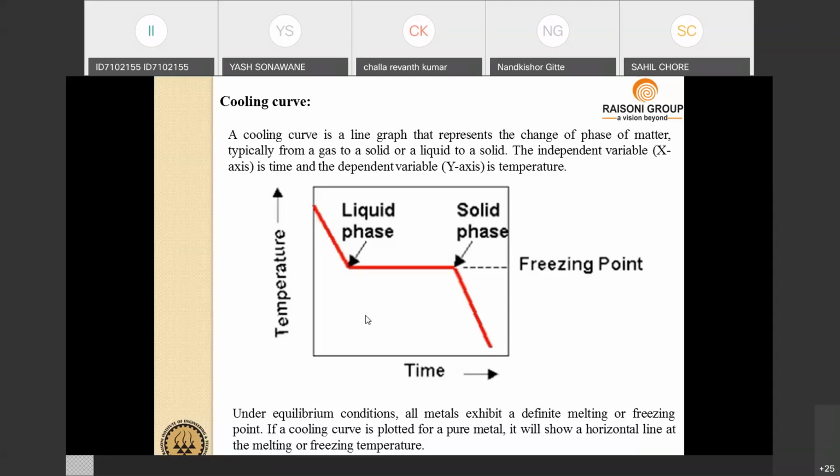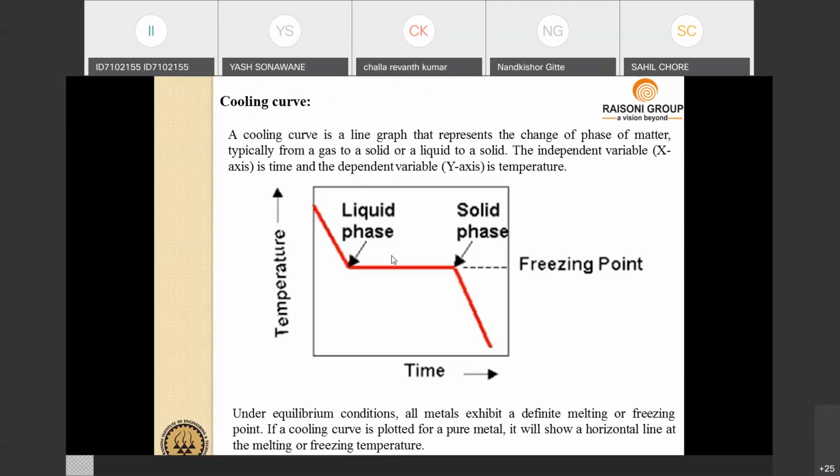So through the cooling curve, a line graph, you can denote and understand the phase changes of any matter, typically from gas to solid or liquid to solid.